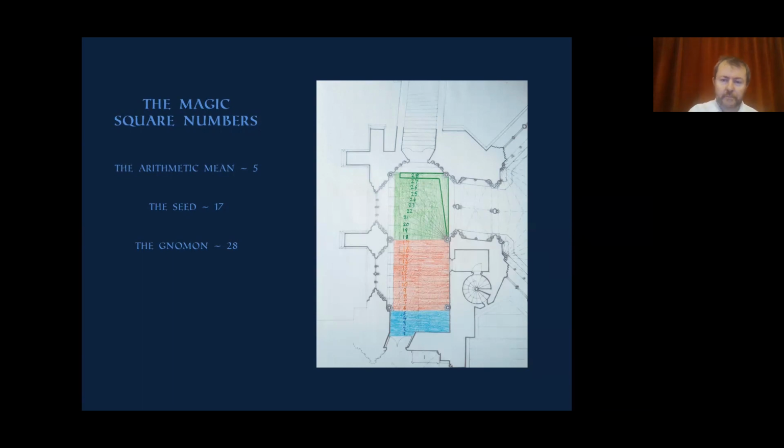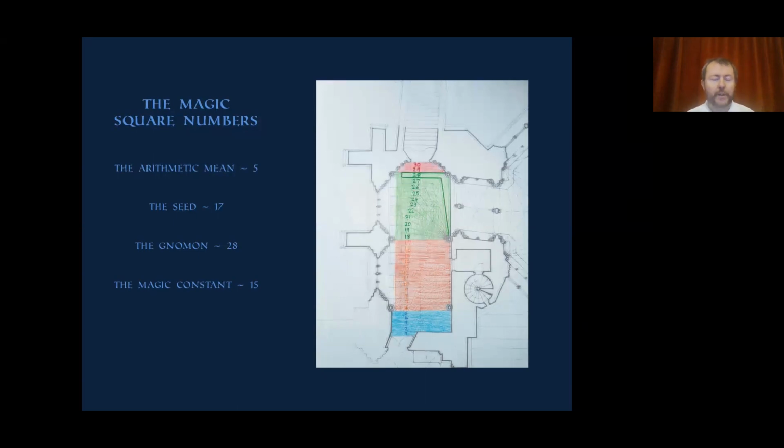Now, after this, because you'll remember 28 plus 17 equals the 45, we have 17 steps left because there's 45 steps in all. Now, because we need 15 rather than 17, the magic constant, you can see there's 2 more steps which take you up to the doorway on the staircase.